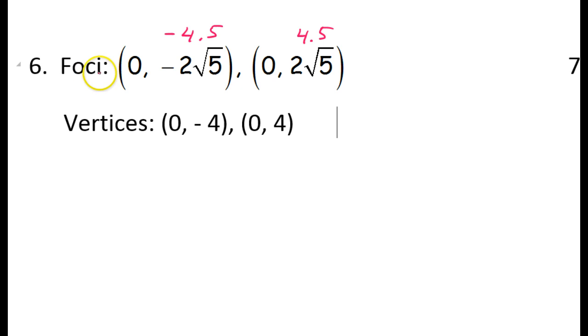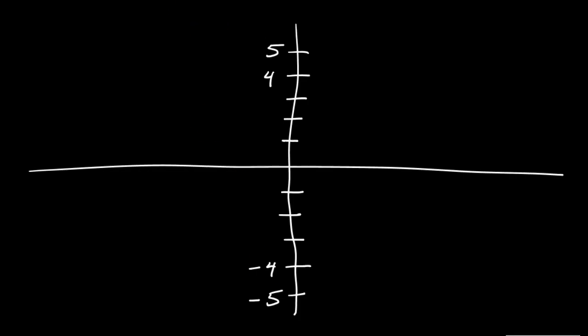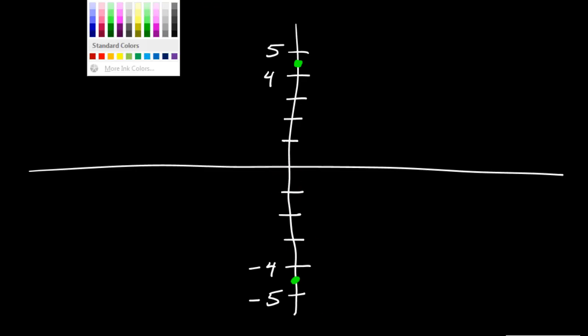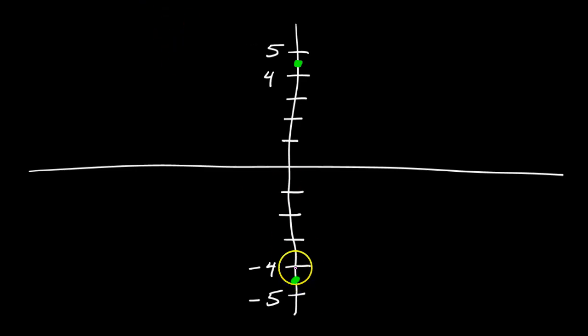So we have foci at 0, negative 4.5 and 0, 4.5. We have vertices at 0, negative 4 and 0, positive 4. So vertices here and here, which means that our hyperbola branches, which wrap around the foci, are opening up and down.